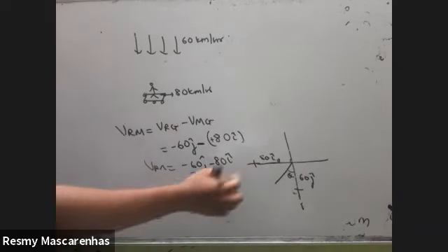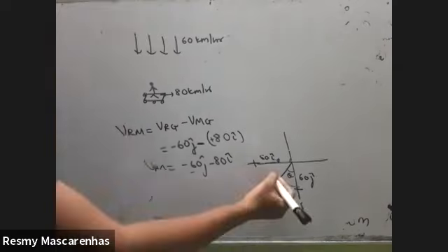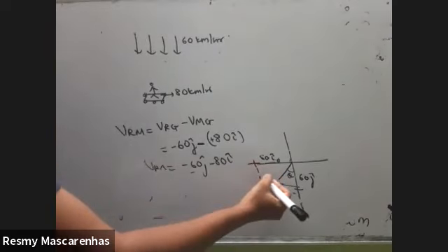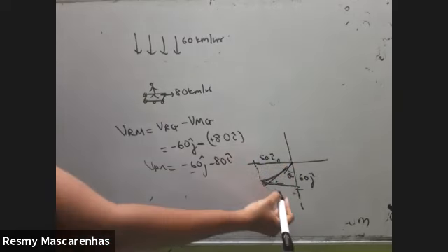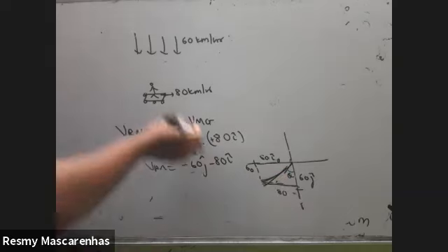So tan theta is directly this upon this. Calculate, complete the diagram. So this is 80 and this is 60.